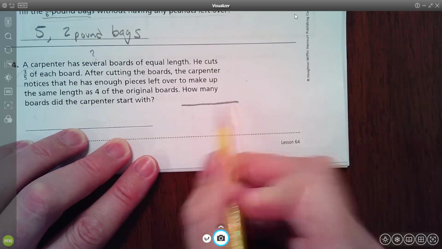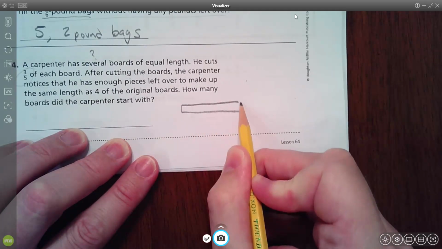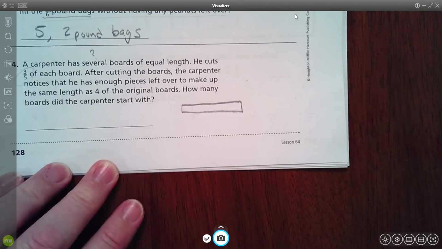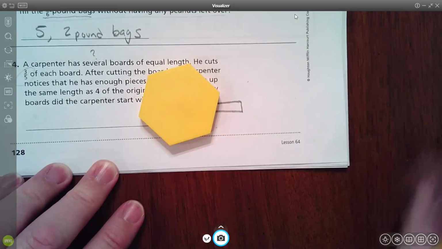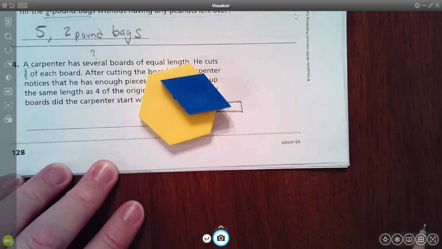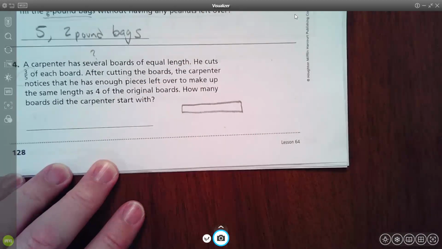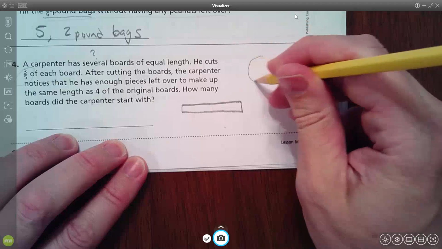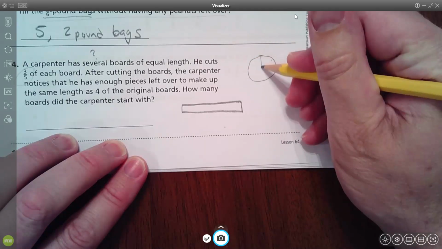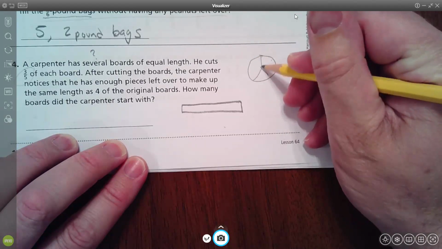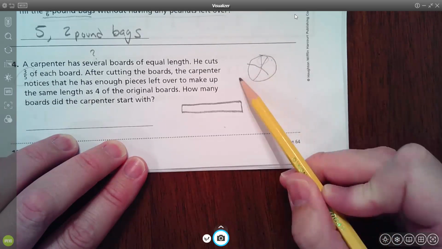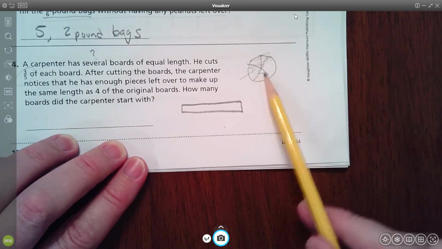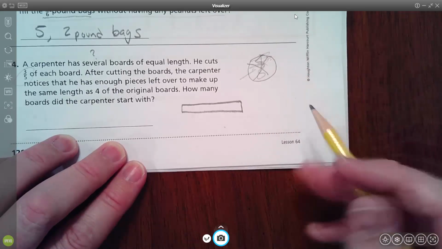Now I got to tell you, there isn't a pattern block for fifths. Thirds is easy, sixth is easy. Fifths are tough to draw in a circle, right? You can kind of do it like a stick figure with their hands up, but it's hard because this piece is way smaller than this piece there. So 5s and 7s are often rough. So I'll do the best I can.